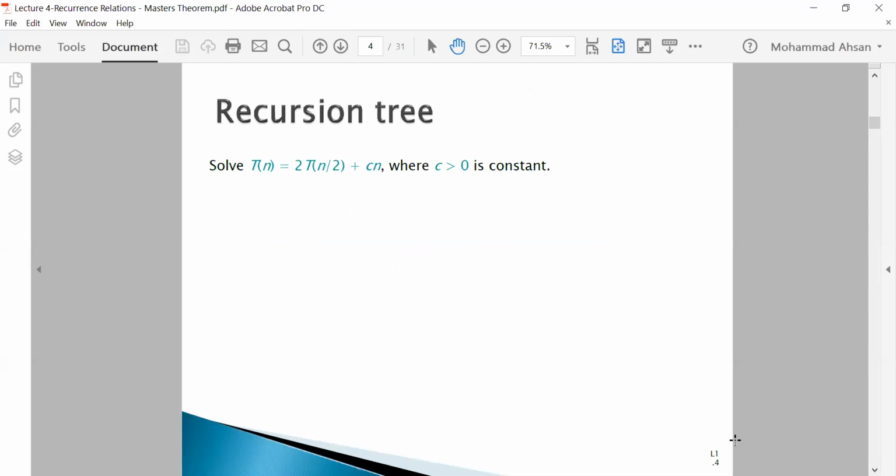This is again the same recurrence relation for merge sort, or quick sort in the ideal case when you have an equal partition of the array into two parts. In merge sort, we spend extra time merging the two subarrays so that the resulting array is sorted.